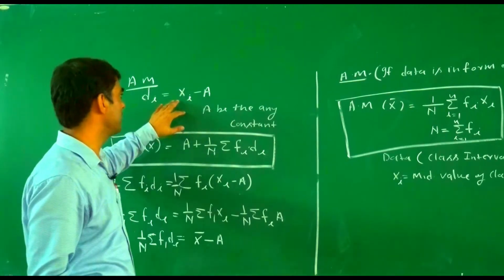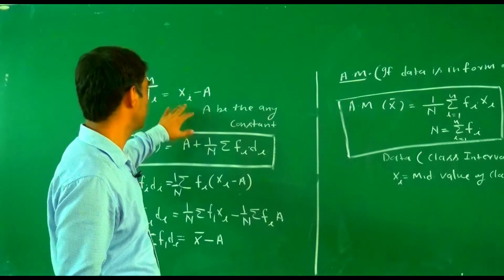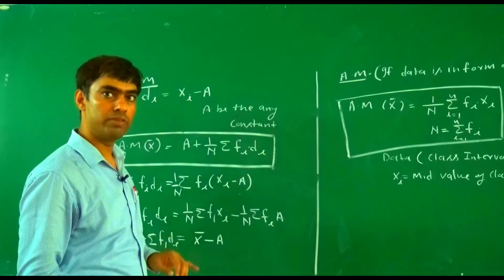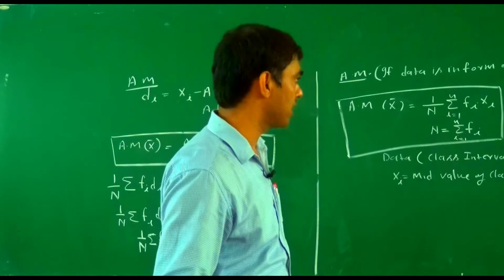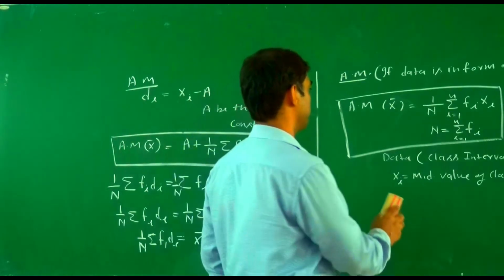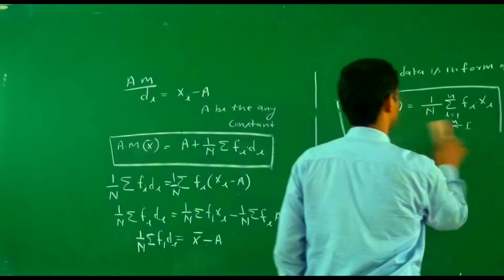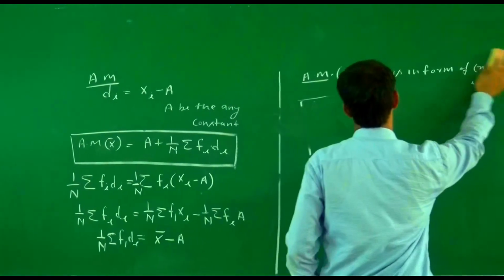So what will happen here? In this case, we also divide by the length of a class interval. Then if we divide by the length of a class interval, what is the arithmetic mean?